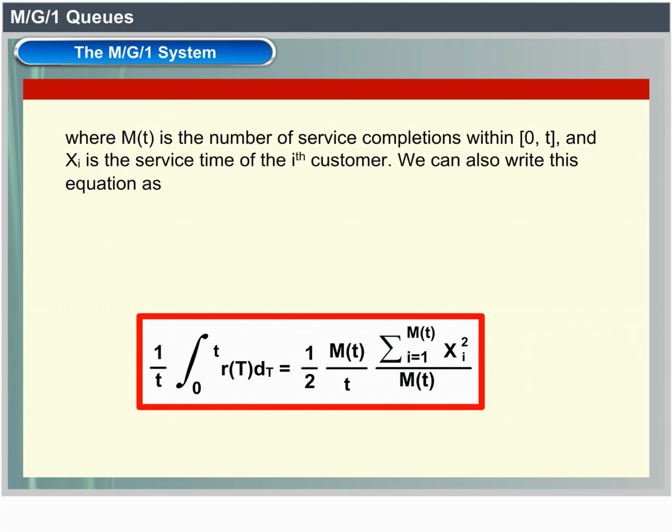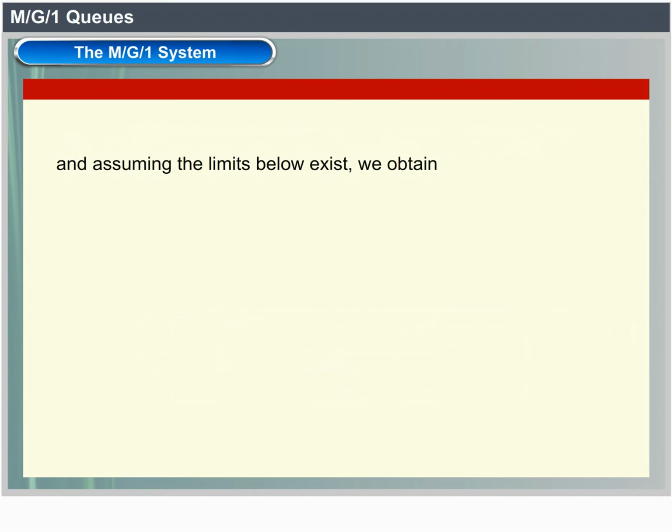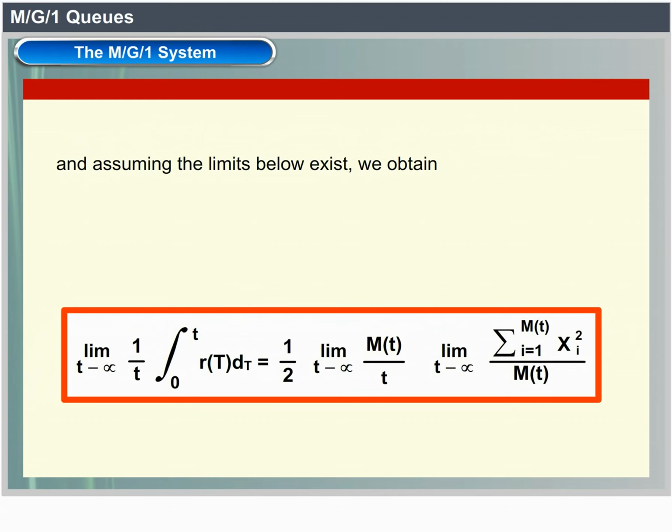And assuming the limits below exist, we obtain the limit as t tends to infinity of 1 by t integral 0 to t R tau d tau is equal to 1 by 2 times the limit as t tends to infinity of m of t by t, into the limit as t tends to infinity of summation i equals 1 to m of t Xi square divided by m of t.